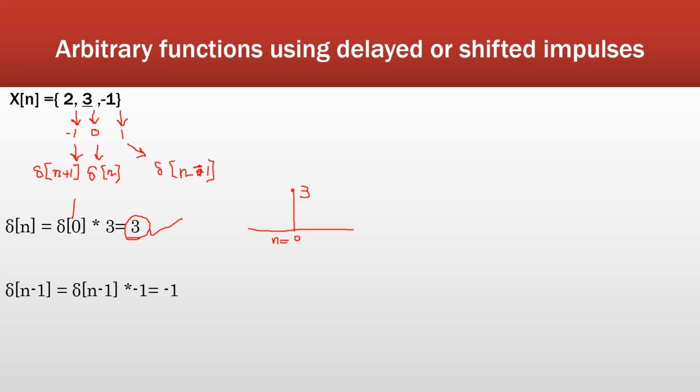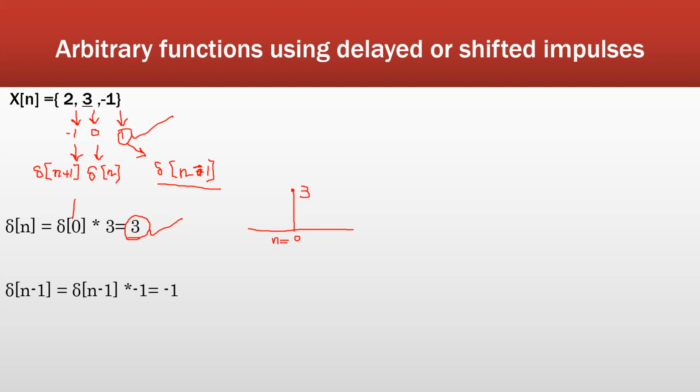The next step is delta of n minus 1. From where did this n minus 1 come? From this index value. When index is 1, its delta form is written as delta of n minus 1. This positive 1 is being shifted, indicating a shift of minus 1.